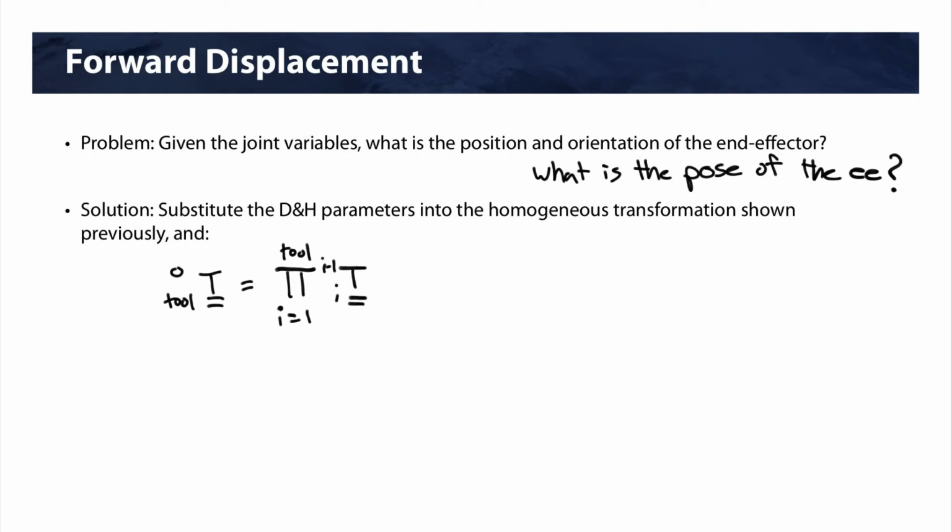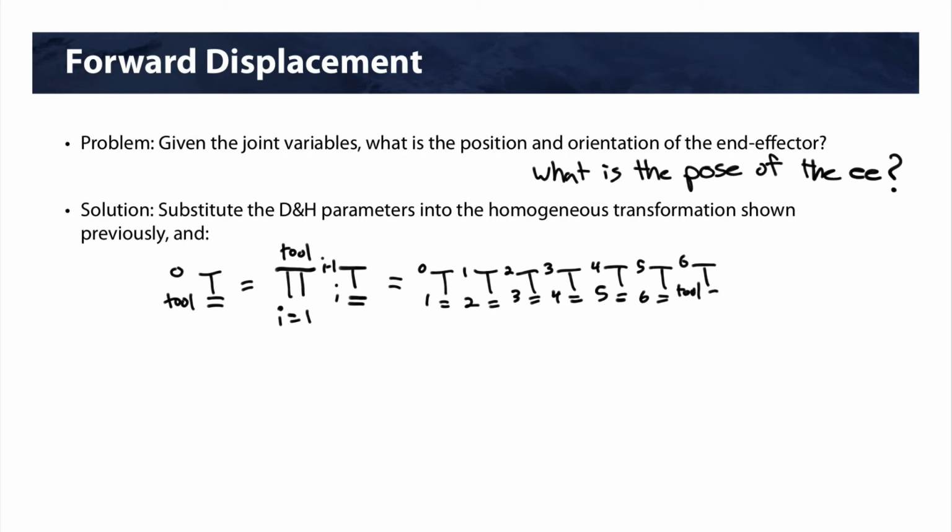If we say we had a 6-jointed robot, it would look like the following: T01, T12, T23, T34, T45, T56, and T6 tool.